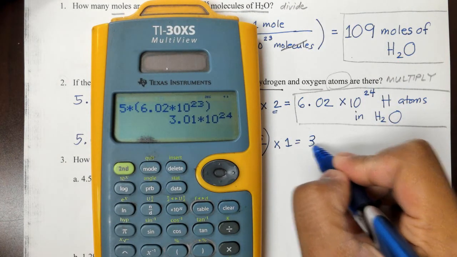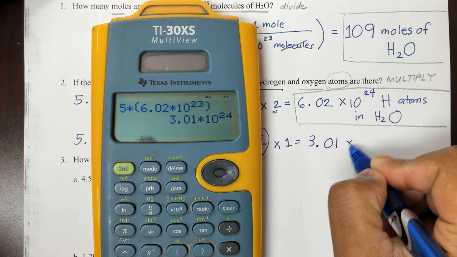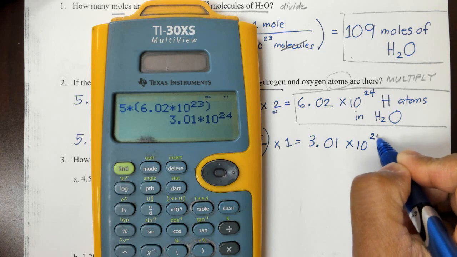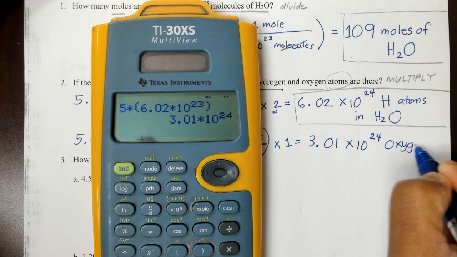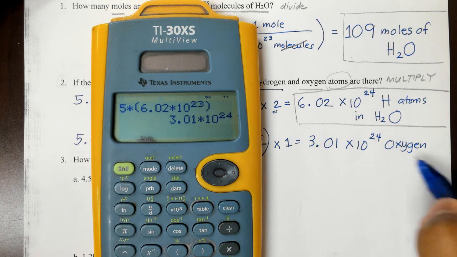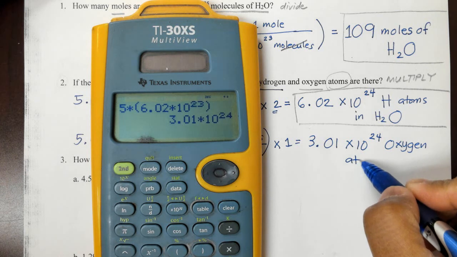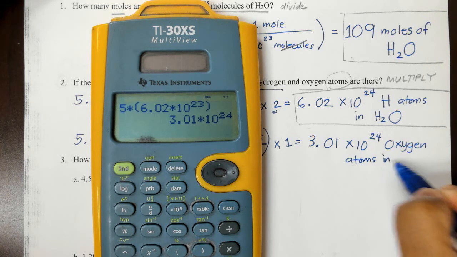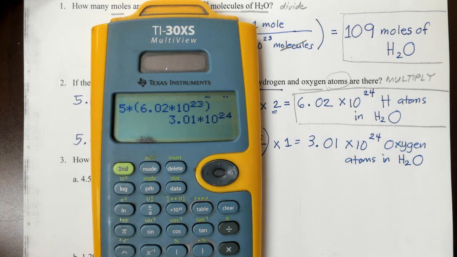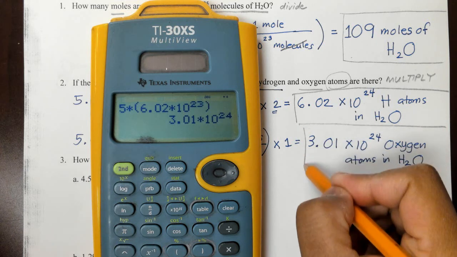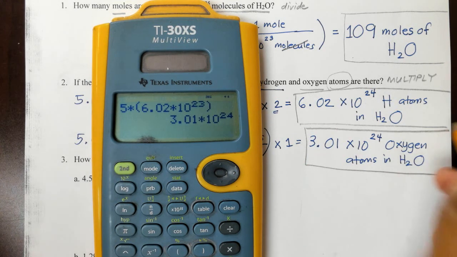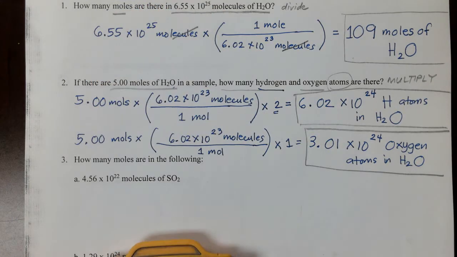So that's 3.01 times 10 to the 24. So for oxygen, I'll just put the word oxygen, okay, because the O might be confused with a 0. So oxygen atoms in H2O molecule. And that is the answer for the number of oxygen atoms for number 2.